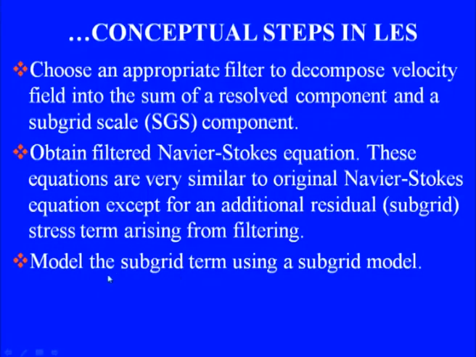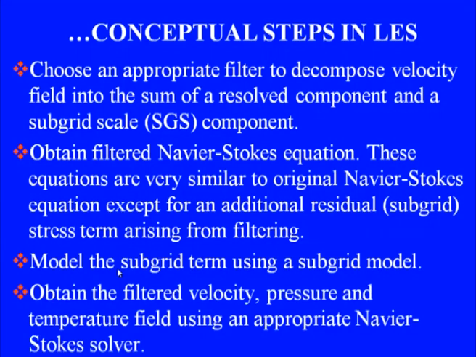So, we have to come up with or use a model which we call a subgrid scale model, and once that is ready, thereafter we can use our numerical simulation procedure which we have learnt earlier for Navier-Stokes equations to obtain the filtered velocity, pressure and temperature field using an appropriate Navier-Stokes solver.